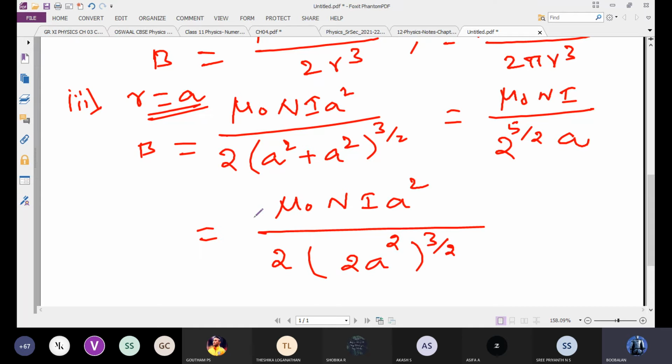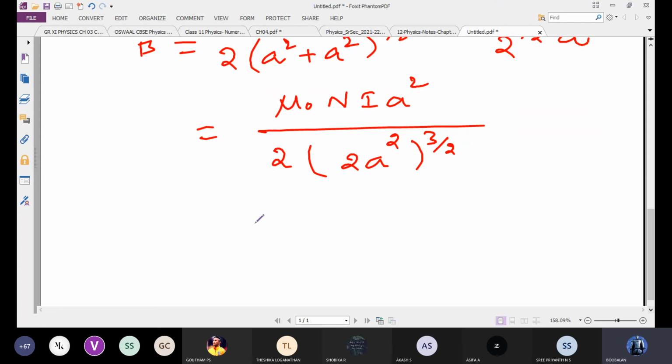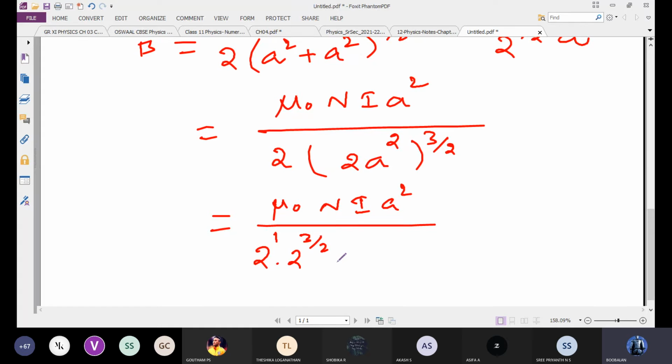Okay. So next step, mu naught n I a square divided by 2 power 1 dot 2 power 3 by 2. So next, a power 2 into 3 by 2.